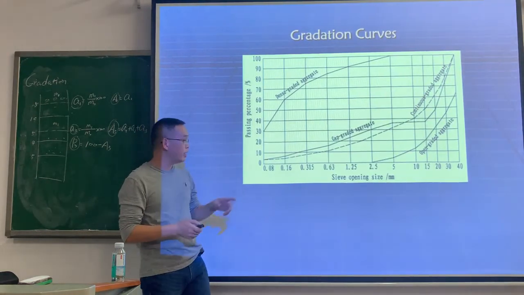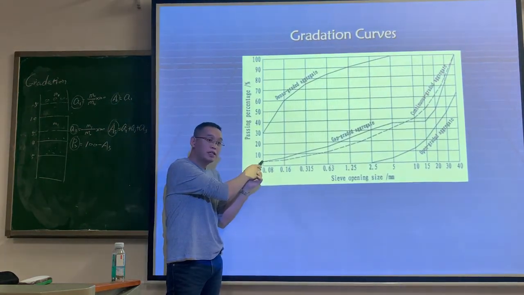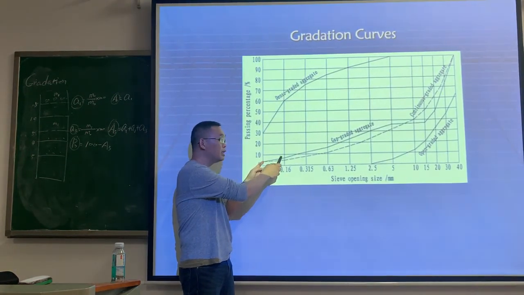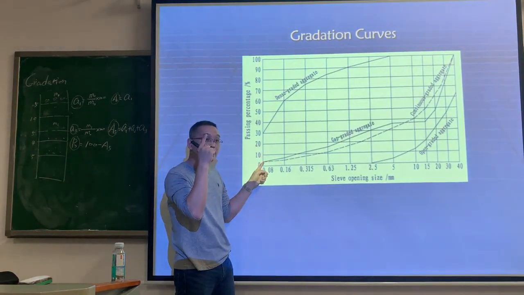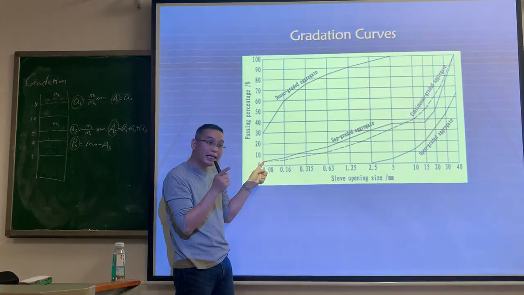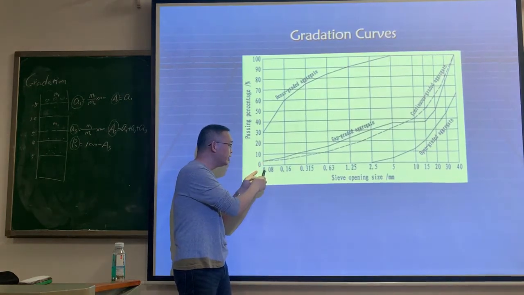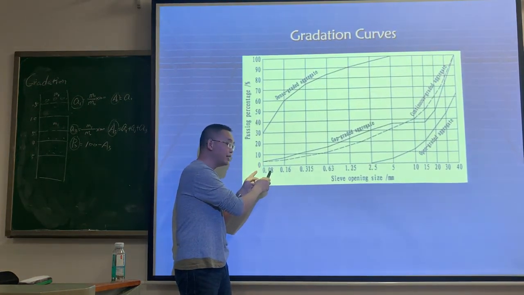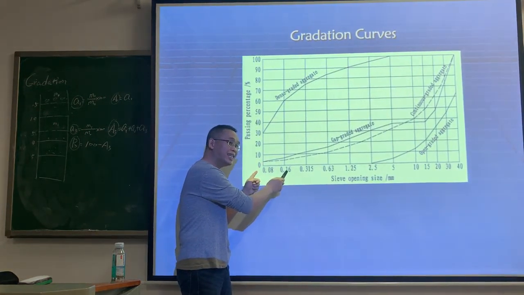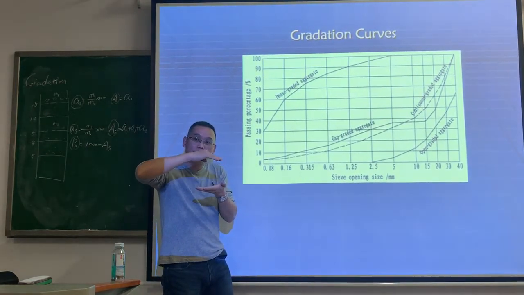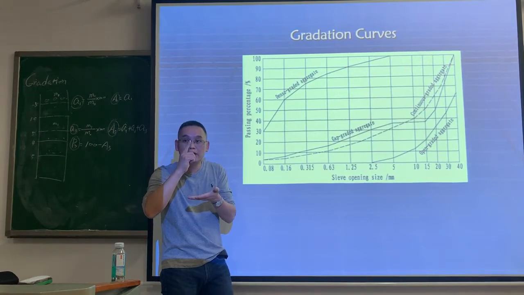This is 4%, this is 5%. It increased 1%. This 1% means the aggregate between 0.08 and 0.16 is 1%.